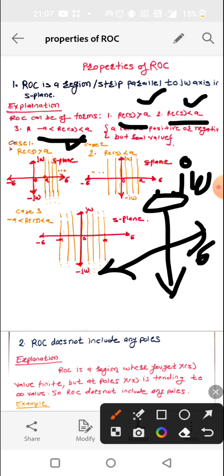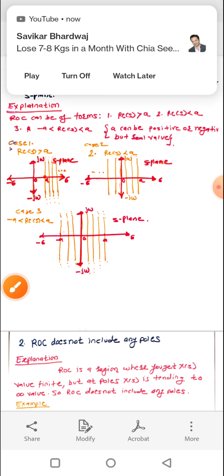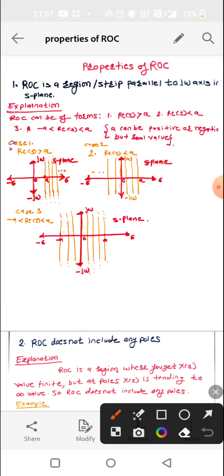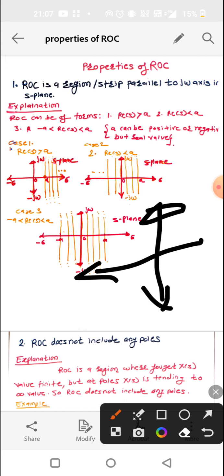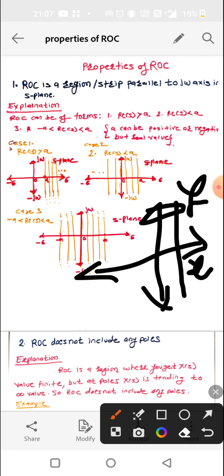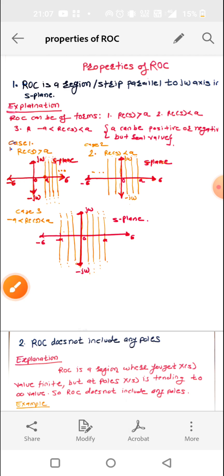In the xy axis, if you fix x, that is x equal to 2 for example, then you will get a vertical line parallel to the y axis.